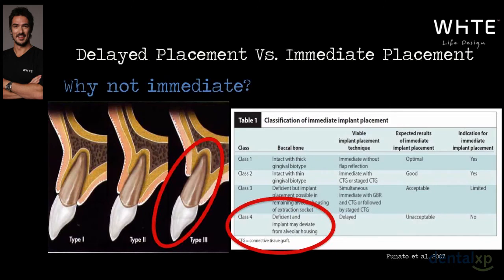Of course, we can't do immediate placement when we don't have enough bone. So in this study from Fonato, 2007, where he classes different types of buccal bone quantities, he says, if we have deficient bone, the implant placement may deviate. So it's unacceptable to place an implant in these conditions.